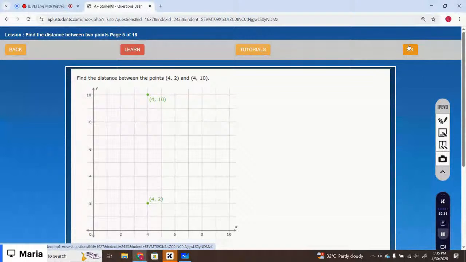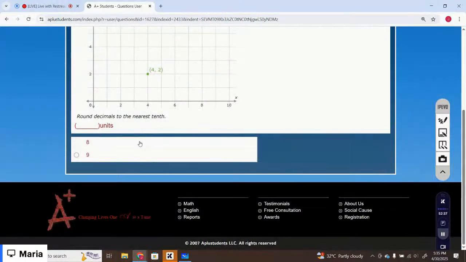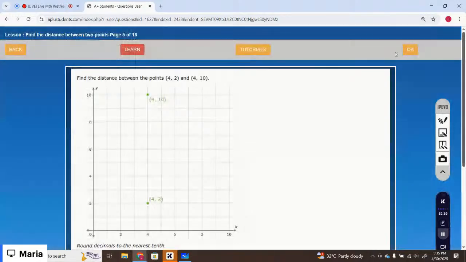Distance between the points 4, 2 and 4, 10 is 8 units. Option number 1 is the correct option.